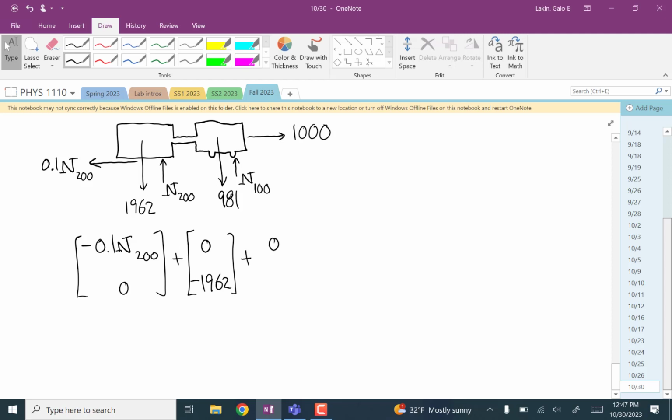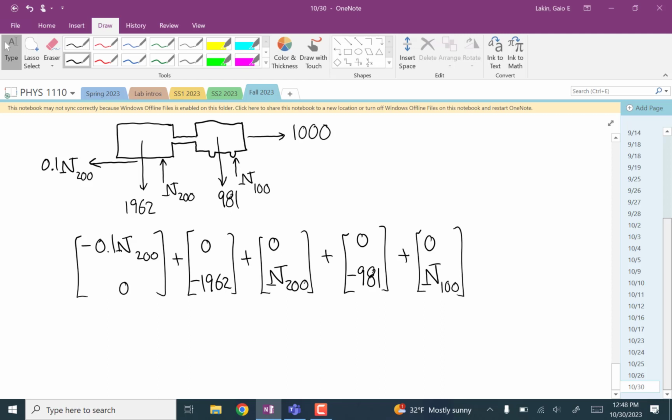The pushing force, 0, and N200. The weight force of the smaller one, 0, negative 981. The pushing force on the smaller one, 0 and N100. And the 1,000. One, two, three, four, five, six.